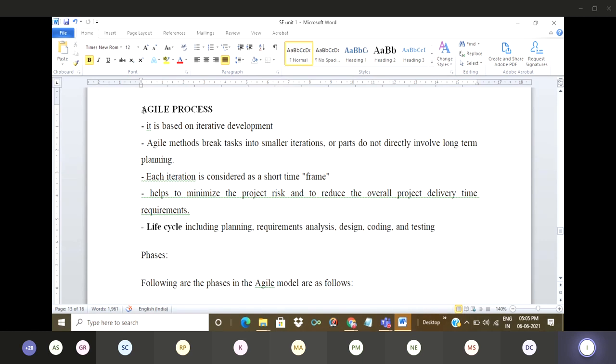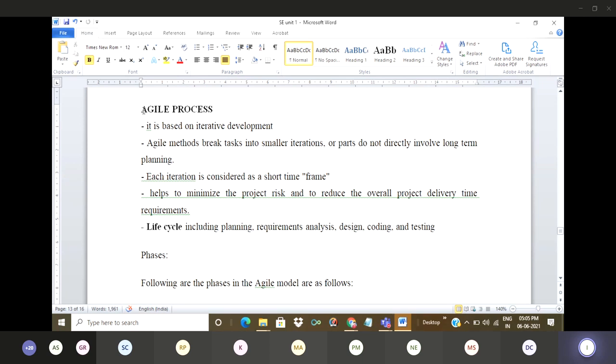Each iteration is considered a short time frame. Each iteration helps to minimize the project risk and reduce the overall project delivery time requirement.